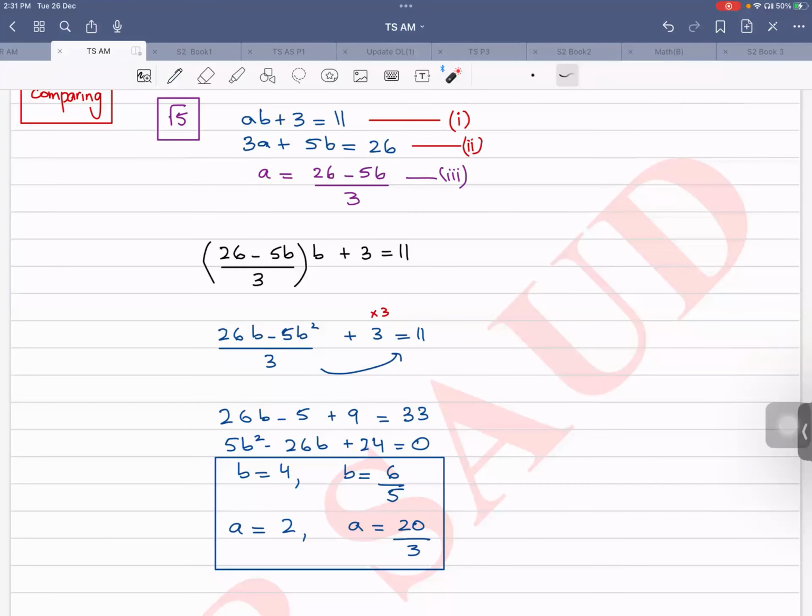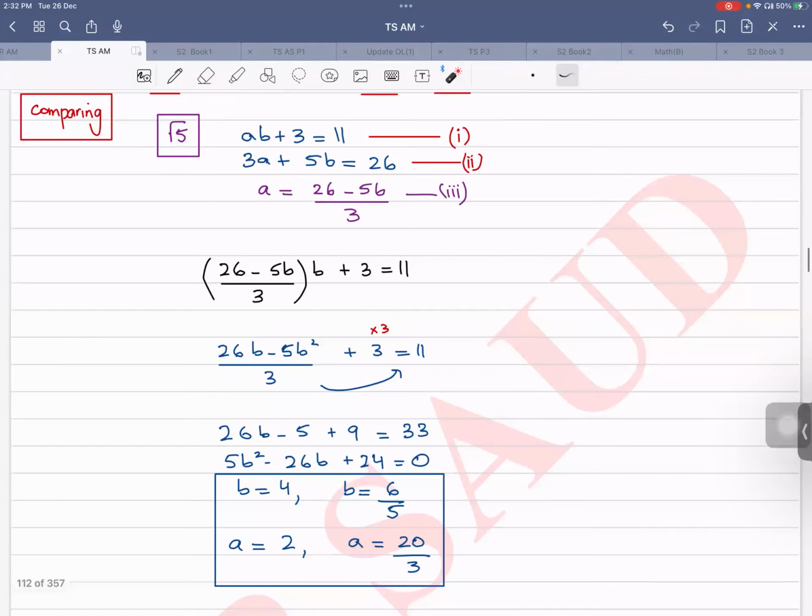Okay, recheck. Okay, never mind, I did get 20 upon 3. I forgot to put the 5.